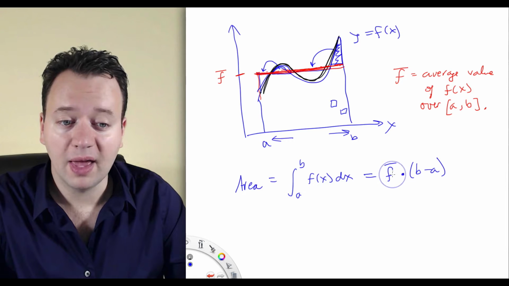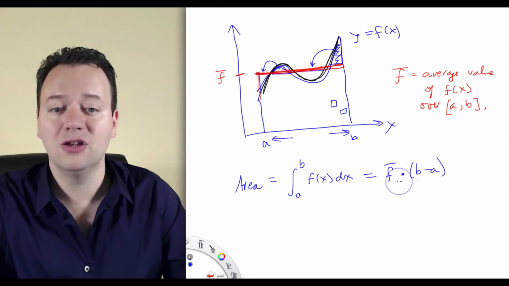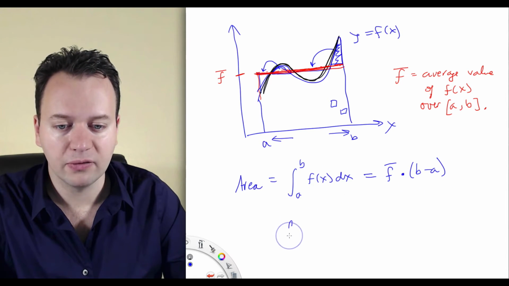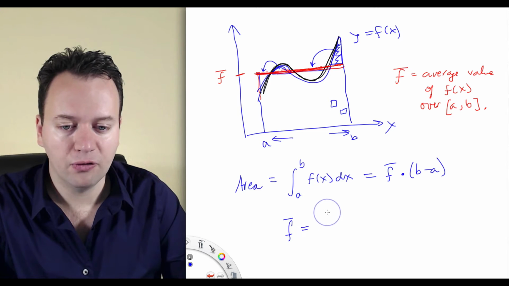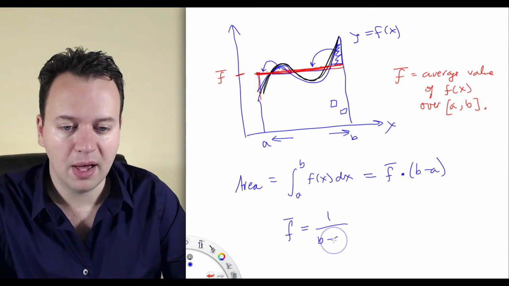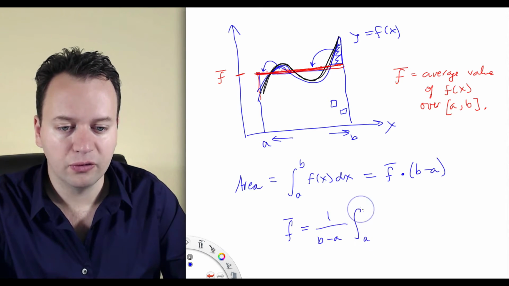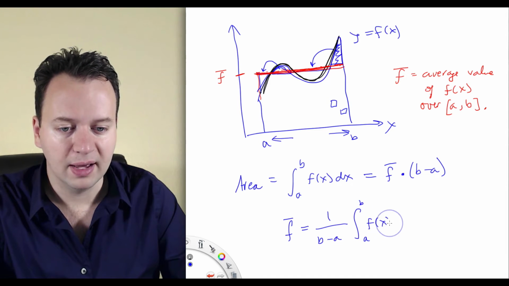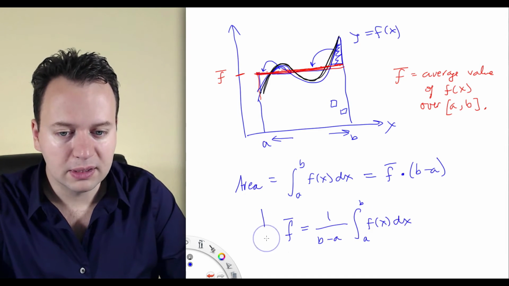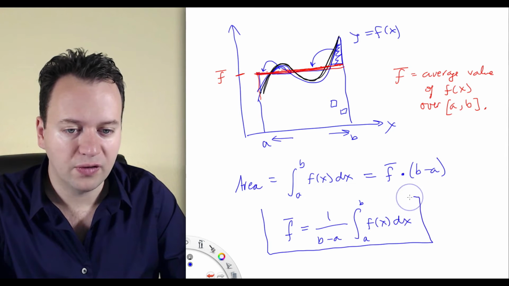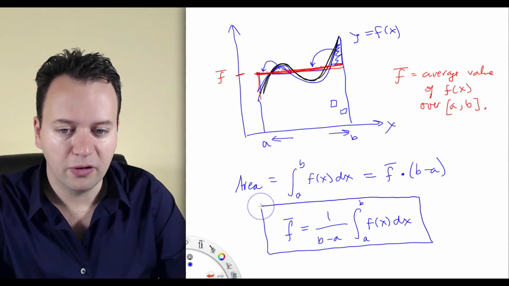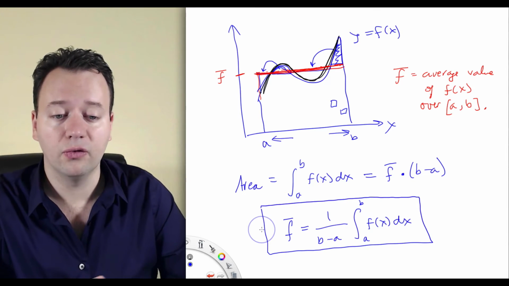So f bar, the average value, times b minus a should equal the area under the original graph. So f bar is therefore 1 divided by b minus a times the integral from a to b of f of x dx. So this is the definition for the average value of a function f of x over the interval from a to b.